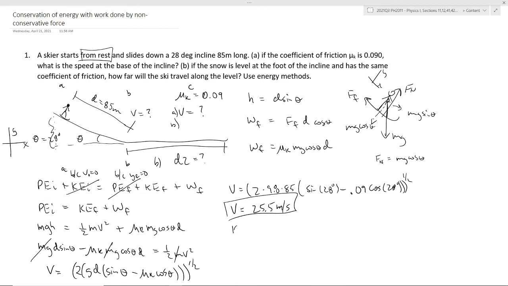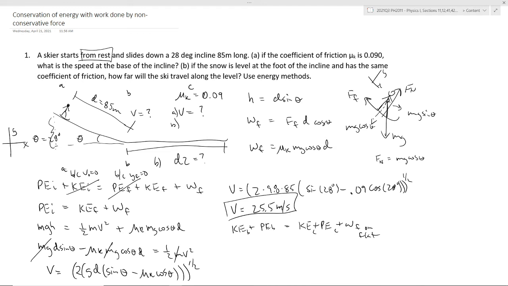The kinetic energy plus potential energy at B is going to equal the kinetic energy plus potential energy plus work done by friction at C. I'll just put work friction on flat.